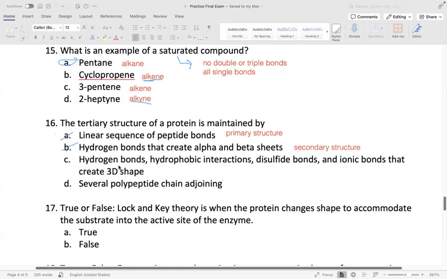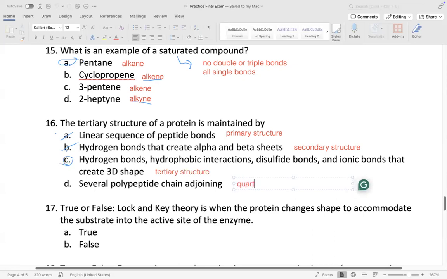C, hydrogen bonds, hydrophobic interactions, disulfide bonds, and ionic bonds that create 3D shape. That is the third level of folding, or tertiary structure. All right, so that is our correct answer to this question, C. We're going to go ahead and say what D is, though, just to flesh this all out. D, however, describes the fourth level of folding when you have several polypeptide chains joining together.